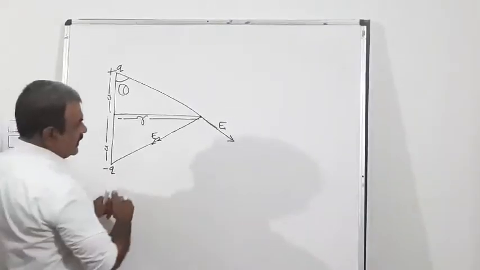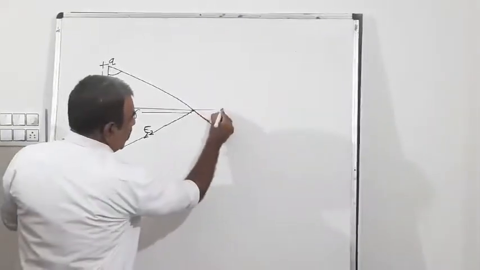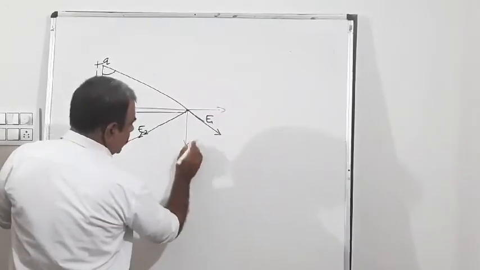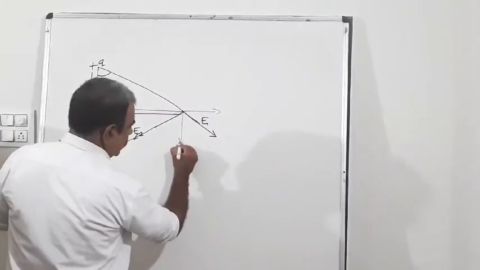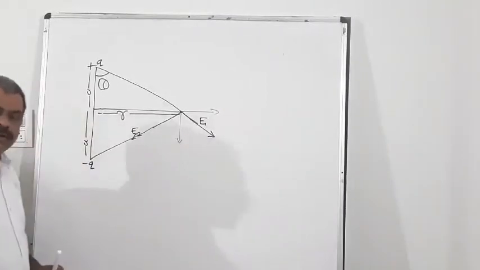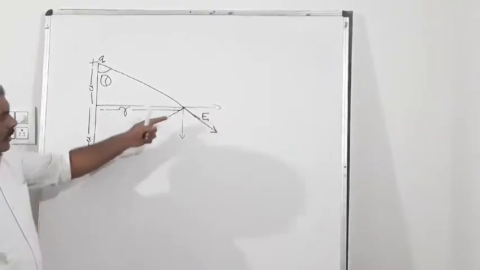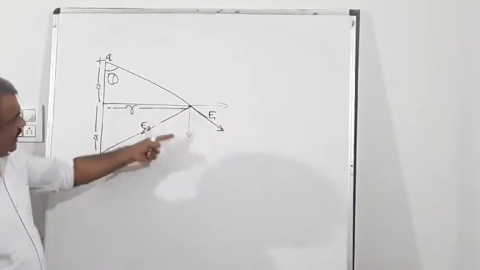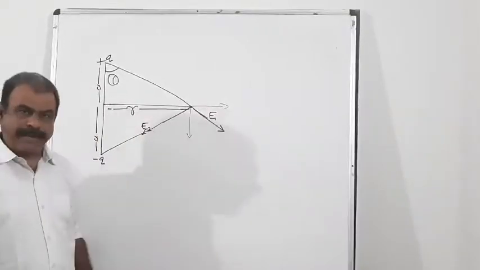So in that case, E1 I can resolve into two parts, because it is a vector in two dimensions. We can resolve it into two mutually perpendicular components. This is parallel to the axis, while this is perpendicular to the axis.